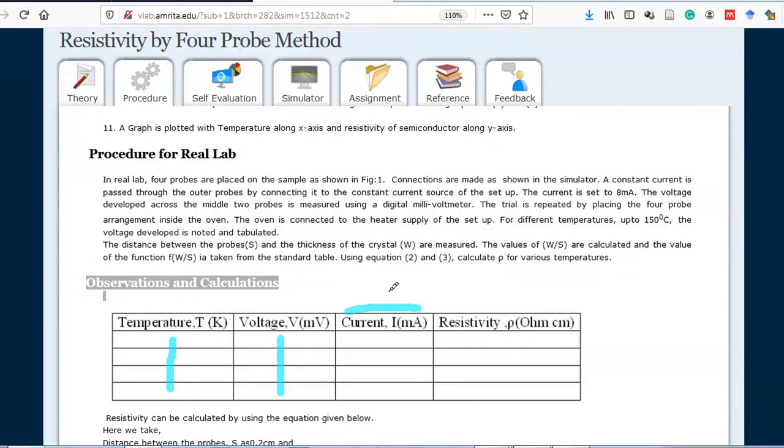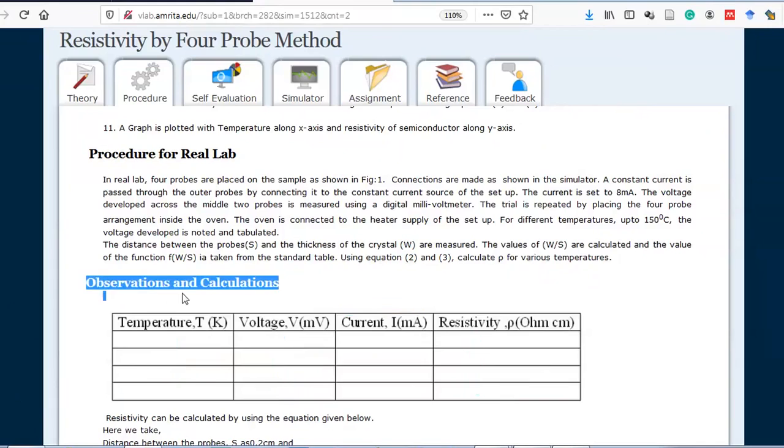Generally in this experiment the current value is kept fixed. In real life we keep it at 5 milliampere, but in the virtual one it is up to you. You can keep it 2, 3, 4, or 5 milliampere, whatever number you choose, but once you have decided the current value, keep it constant. You don't need to change it during the experiment. That's what you have to keep in mind. And the resistivity part, you calculate with the formula and write down the answers over here.